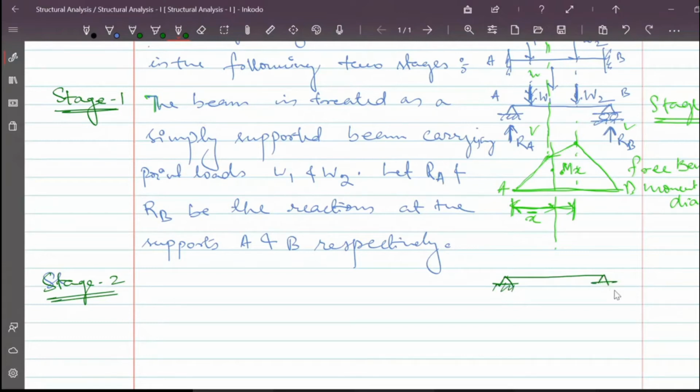Yeah, this is again a simply supported beam, and here we are considering that we have the moments MA and MB.